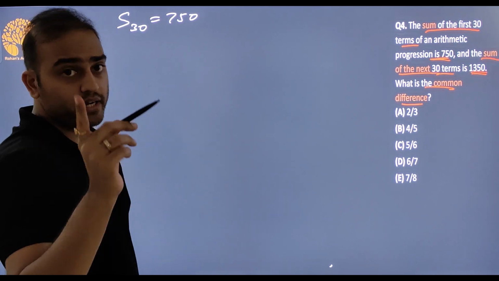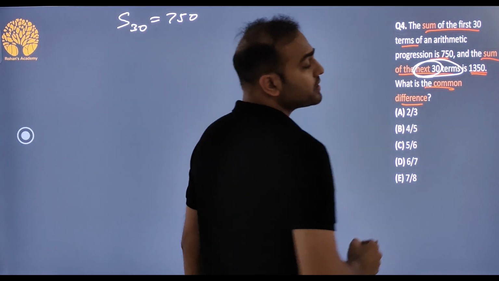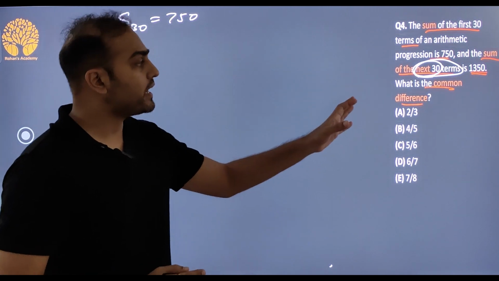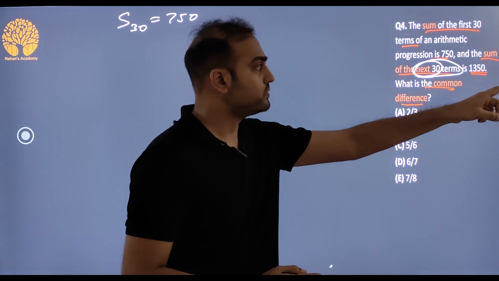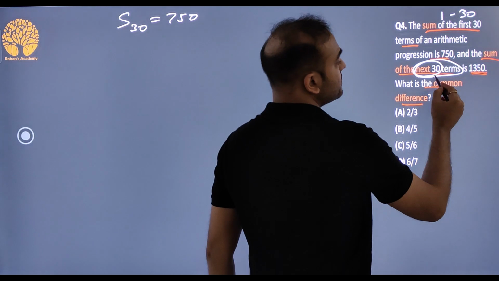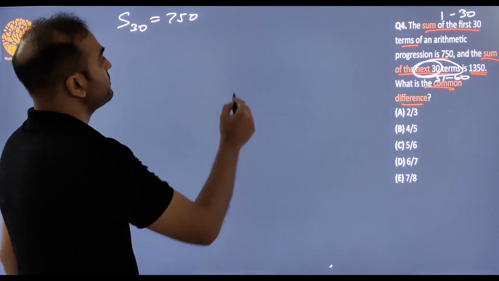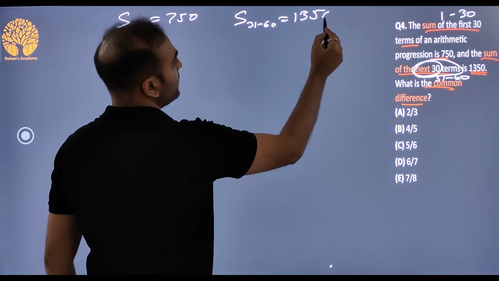Now, interesting point. The sum of the next 30 terms is 1350. What does that tell you? It is not from the beginning till the 60th term. This is term number 1 to 30. This is term number 31 to 60. So the sum of 31 to 60 is 1350.